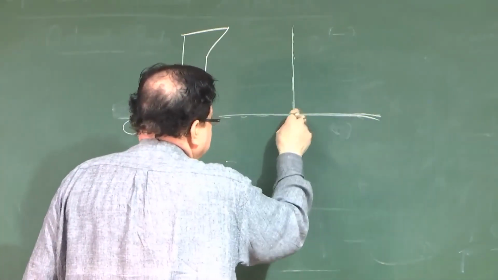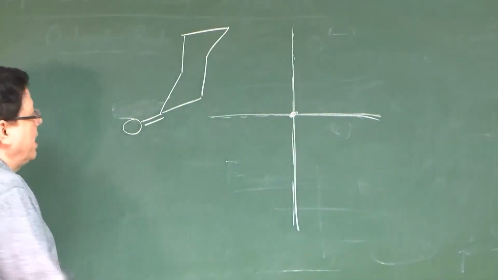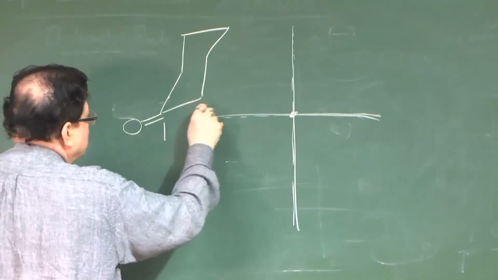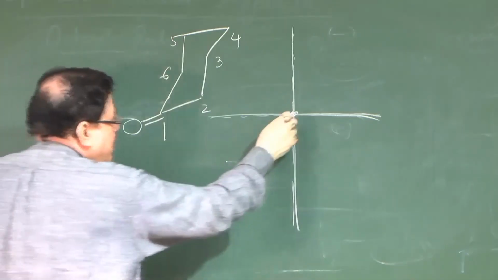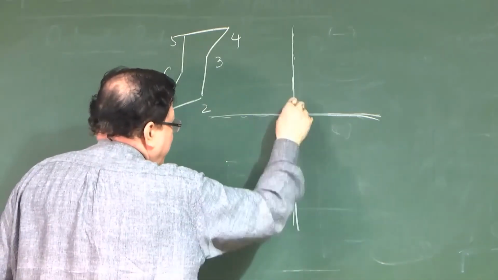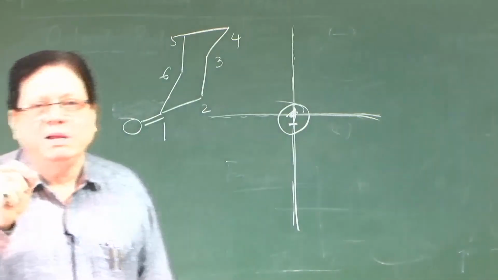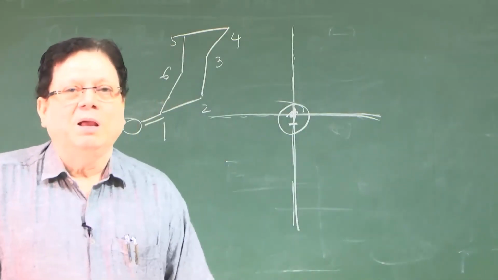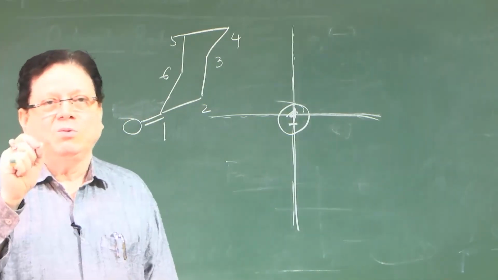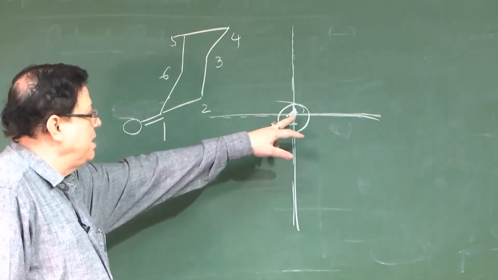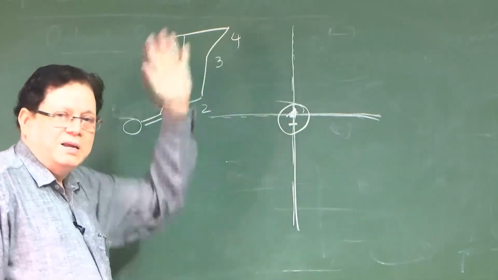Now, this central point is occupied by the carbonyl carbon. So, if this is 1, this is 2, this is 3, this is 4, this is 5, this is 6, the central point is occupied by the number 1 carbon. Here the carbonyl is number 1, though not always; it could be number 2, but the carbonyl carbon will be at the central point. And you have these 2 axes created.